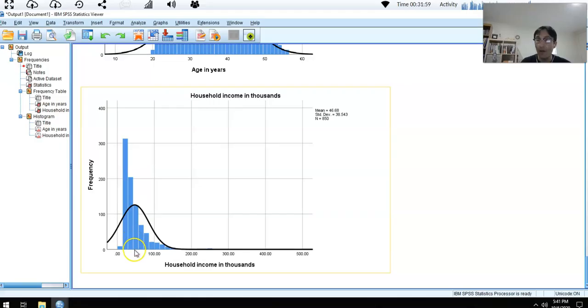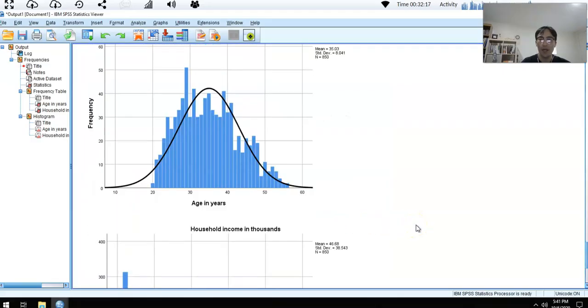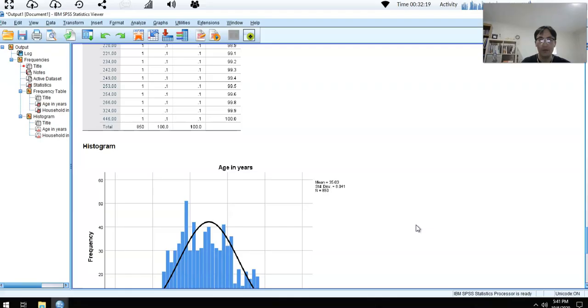So it is off. So it is now a positively skewed distribution, because the tail of the distribution goes in the right direction. It tapers off here. This is how you're going to get this graph and table.